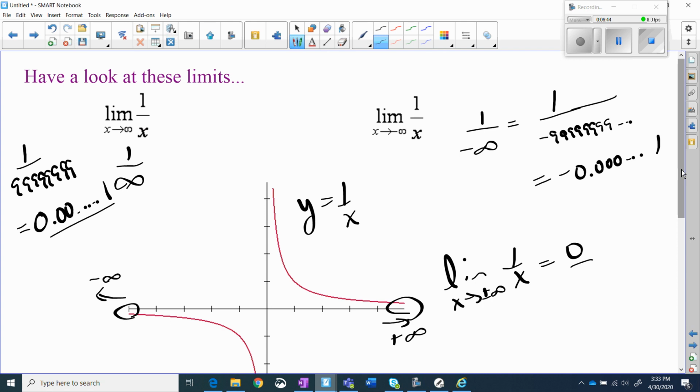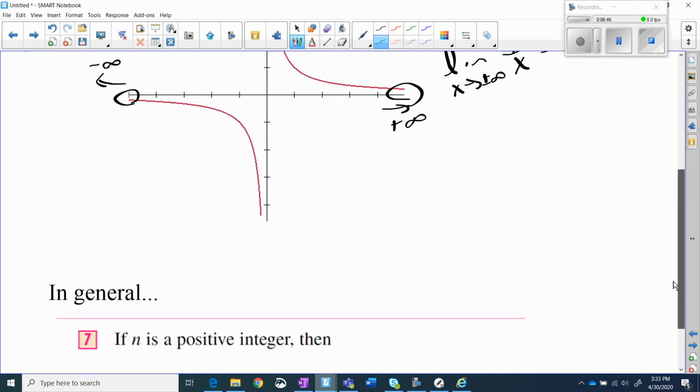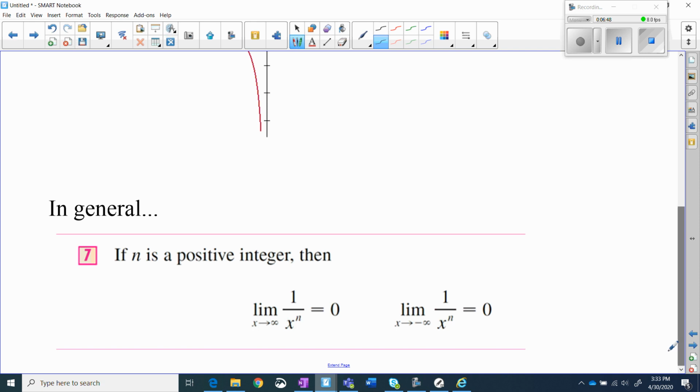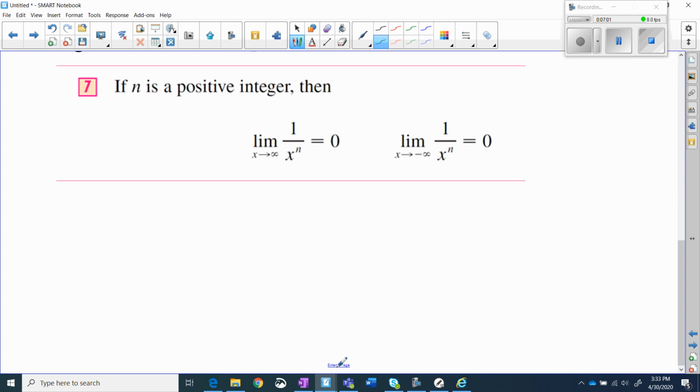So what we want to do is generalize that and say, well, okay, that's good. What if there's an exponent down here on the x? It's not going to make any difference, really. If we just use our common sense and reason our way through these, this would just be 1 over an infinitely large number, and this is saying if n is a positive integer, 1 over an infinitely large number, and then you raise it to some exponent.